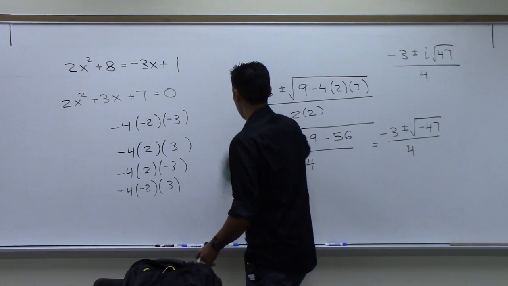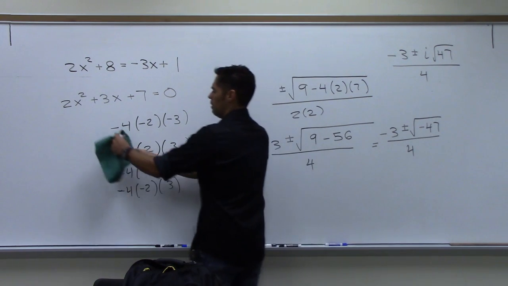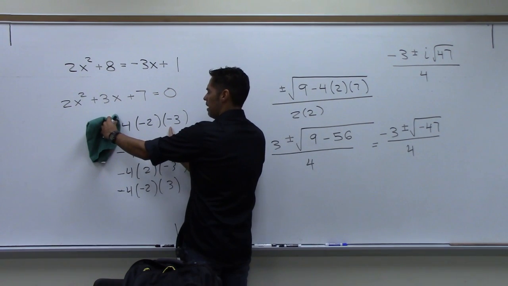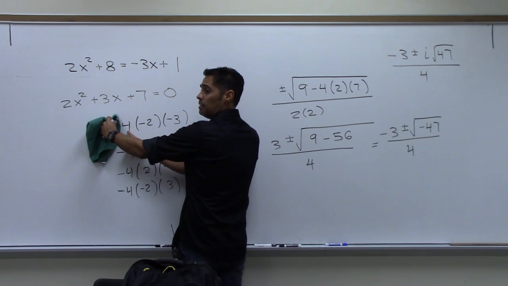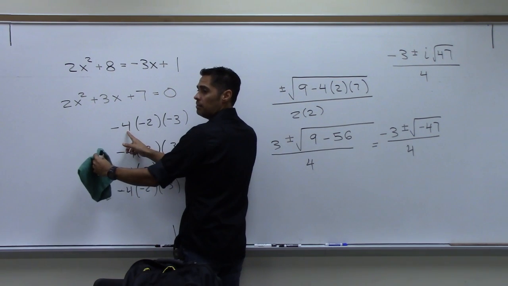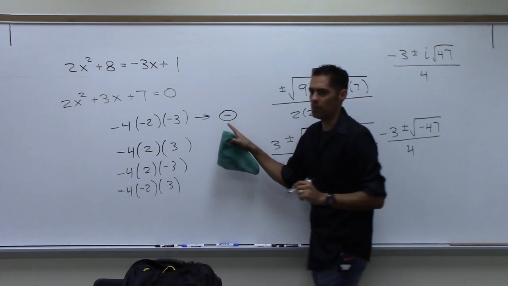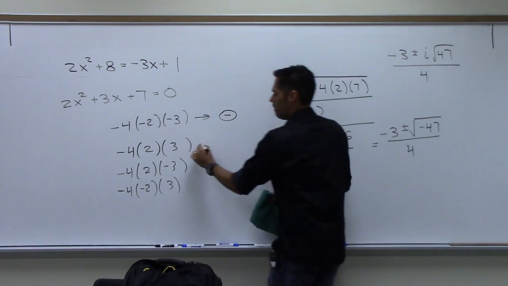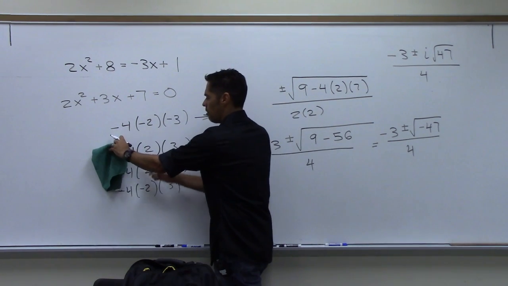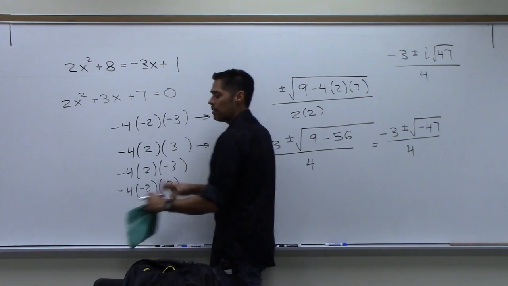Let's look at the answers for each of these. If you cover up the negative, this would be negative and negative, which is positive, and then 4, which was positive again. But then I'm subtracting it. So do you agree this would turn out to be a negative number? I'm doing this for a reason, you'll see in a second. This one right here, covered up, these are all positive, and then you're going to subtract, so this would be minus.